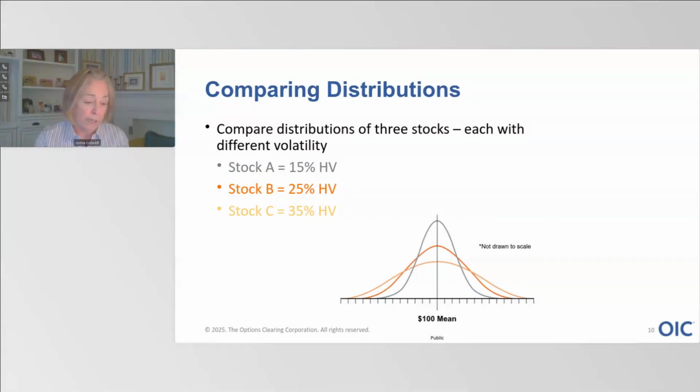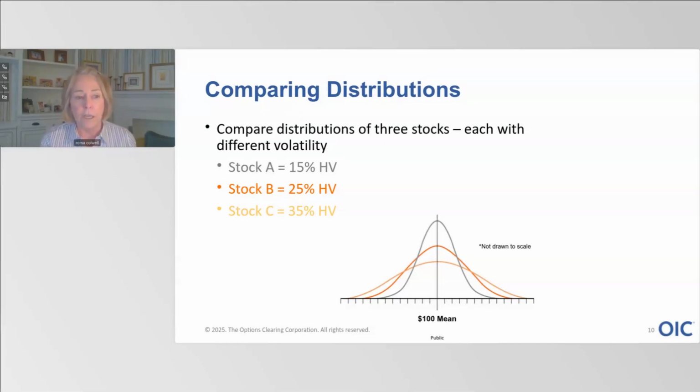So distribution, what makes this interesting is when you're looking at historical volatility and comparing it with distribution and standard deviation changes, that distribution for a lot of traders is how they look at risk.